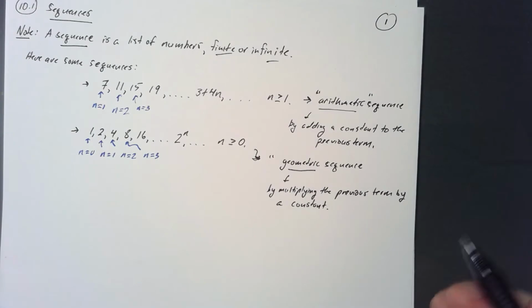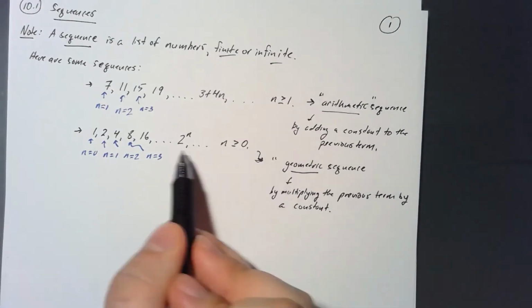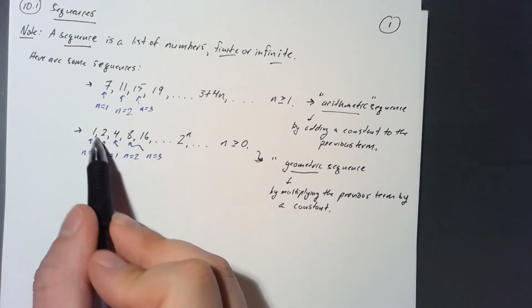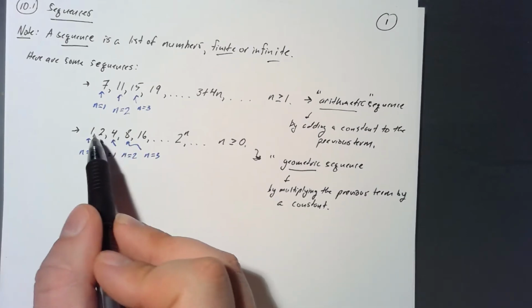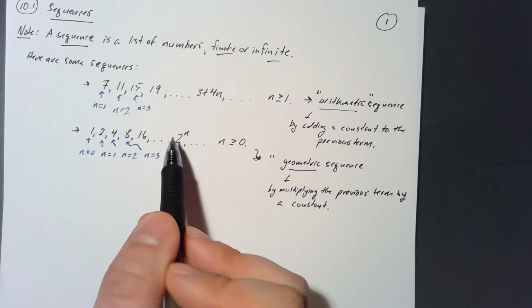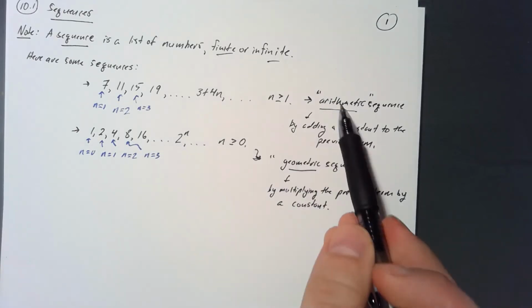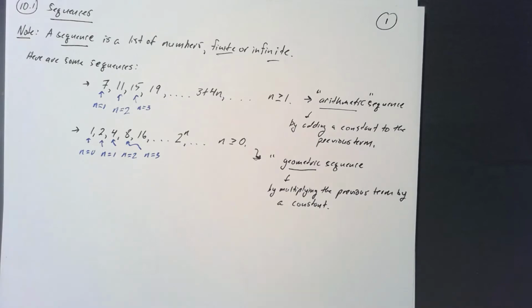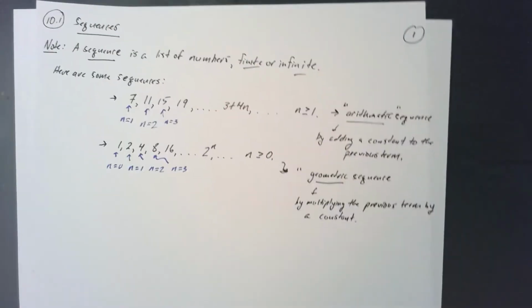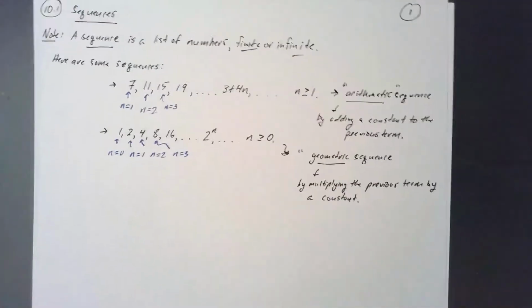So in this case, well, this is just a power of 2, so each one here I'm just multiplying by 2. 2 times 2 is 4. 4 times 2 is 8. 8 times 2 is 16, and so on. So those are the different kinds of sequences you'll see, but we're primarily going to look at geometric sequences in Calc 2. But there are other types that show up.